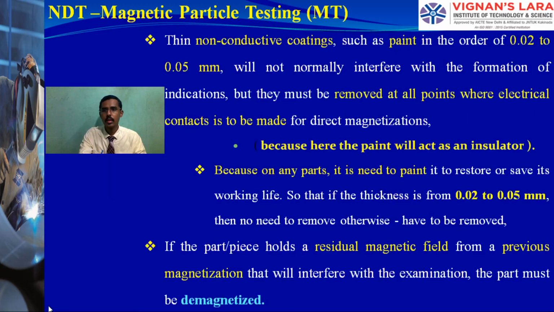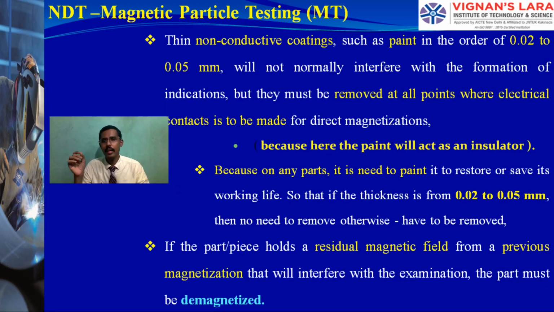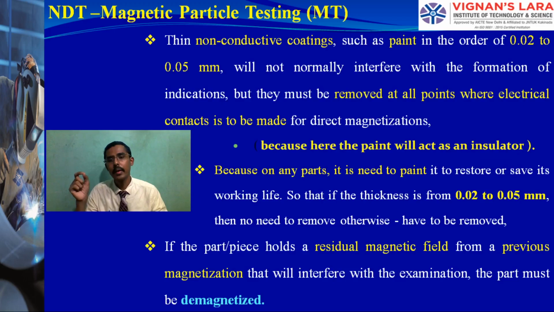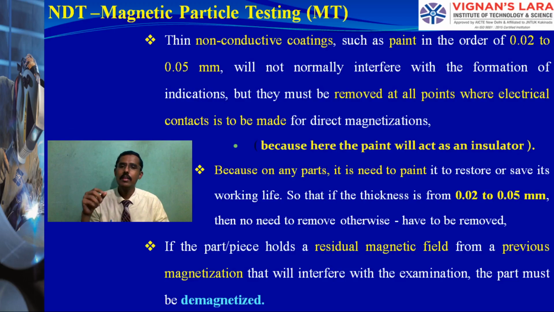Let us assume we have a crack over there, or a paint is applied on the specimen. This paint is an insulating material, we know this. But if the paint thickness is between 0.02 and 0.05 mm, it is not bothering; it won't do an insulation job.